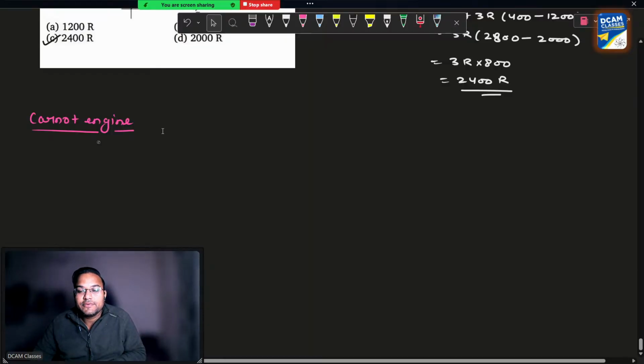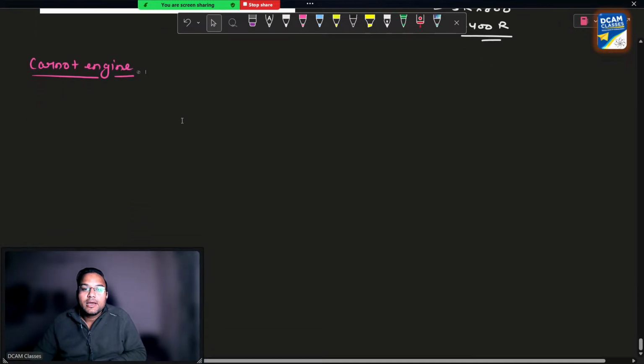A 100% efficiency of an engine is actually not possible because there will be losses, friction losses and all. Engines are used everywhere, in cars, motorcycles. But 100% efficiency is very difficult to achieve, and the maximum possible efficiency that we can achieve in an engine is using this Carnot cycle, the Carnot engine.